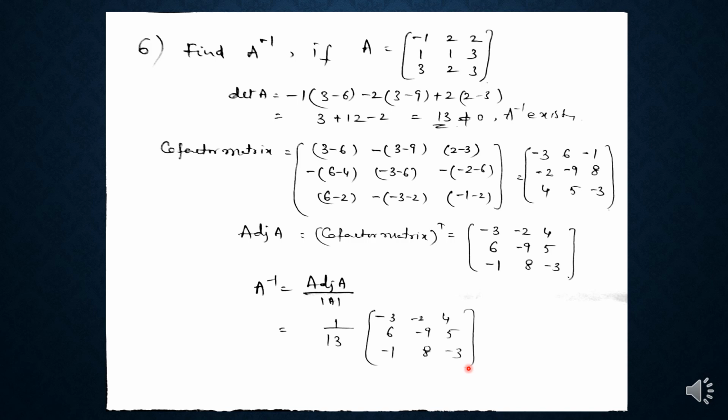The inverse of a unit matrix is itself. And if A and B are two invertible square matrices of the same order, then (AB) whole inverse is equal to B inverse into A inverse.